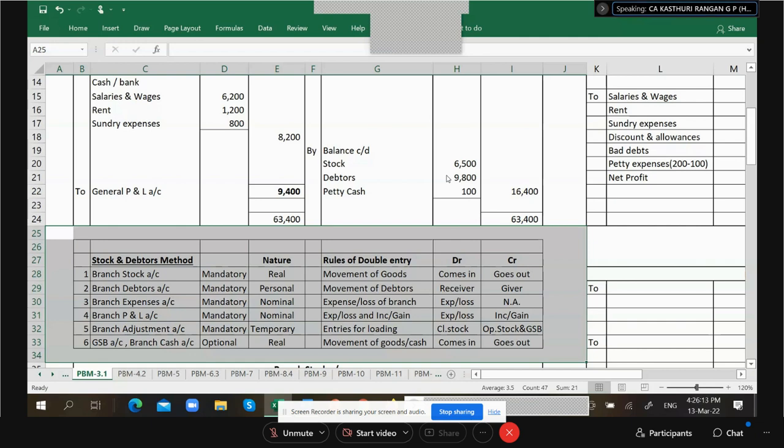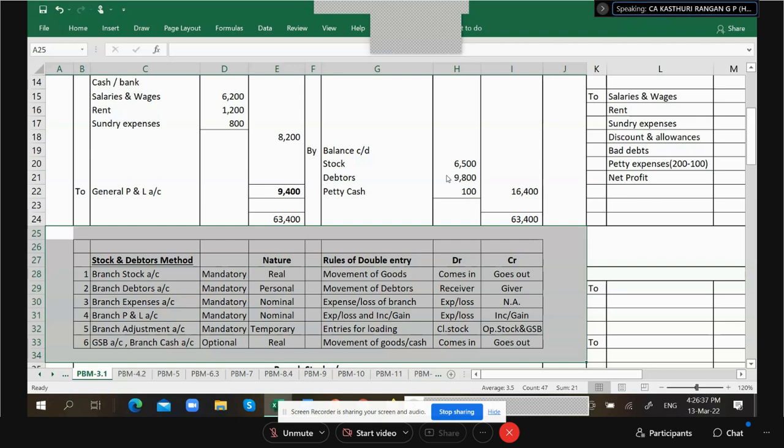When the branch sells the goods, goods go out. When the customer returns the goods, goods come in. That's all. So see whether the branch receives the goods or sends the goods, whether the goods come into the branch or go out of the branch. If you're able to understand this, then accounting for stock account is very, very simple.